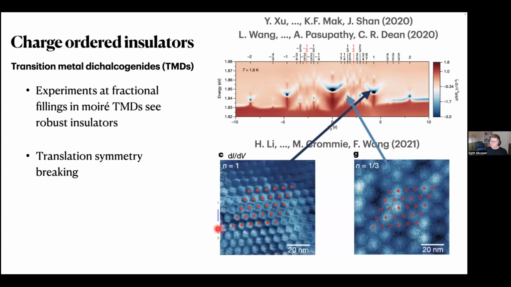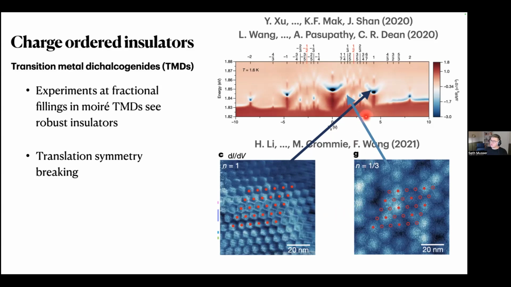And what they found at filling one, so that means one electron for every one Moiré unit cell, was this very clear underlying triangular lattice. This is the Mott insulating phase. So the electrons are so strongly repulsive that there's no double occupancy at any site.